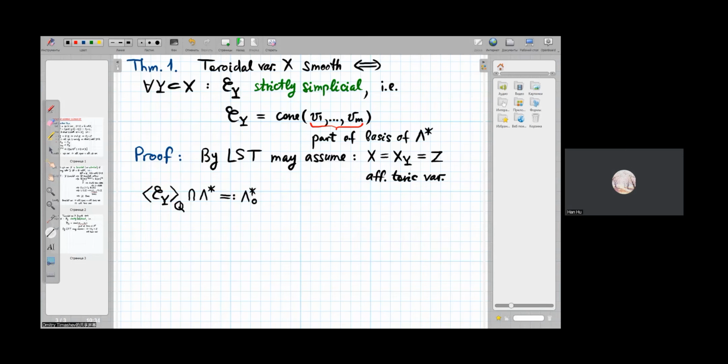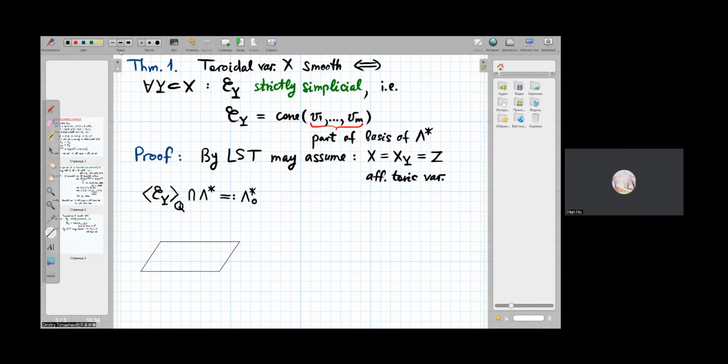So maybe let me draw a picture for you like this. We have, excuse me, maybe thinner. We have this linear span.